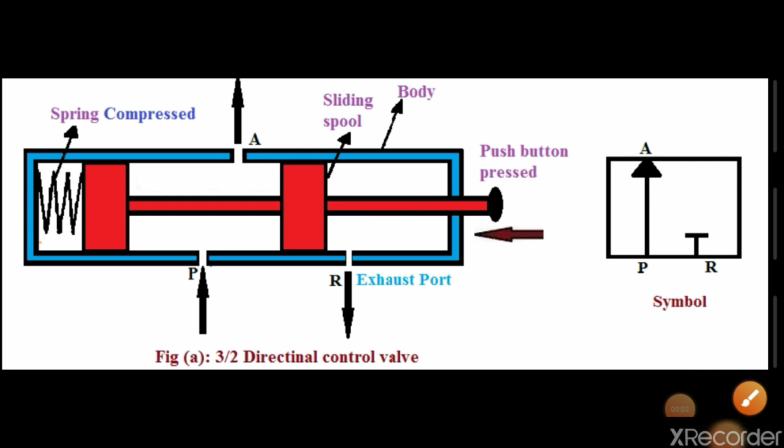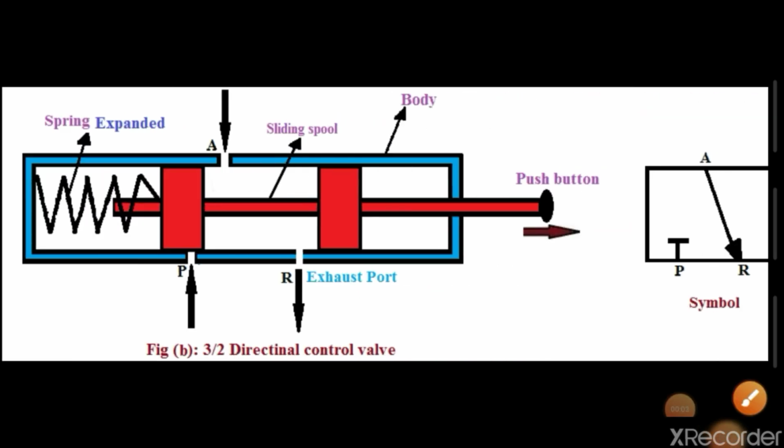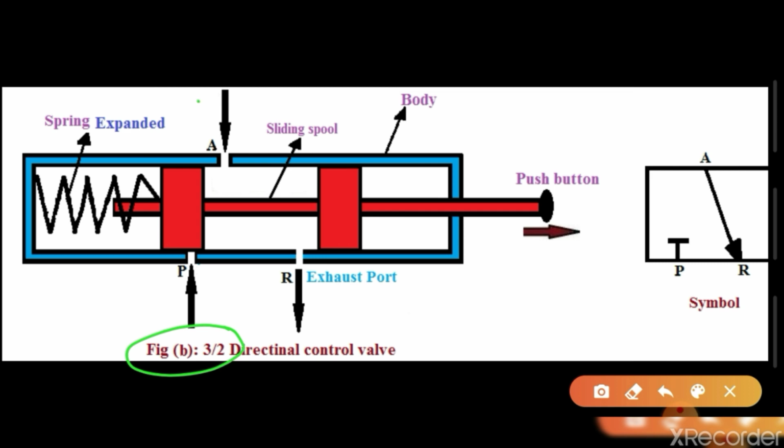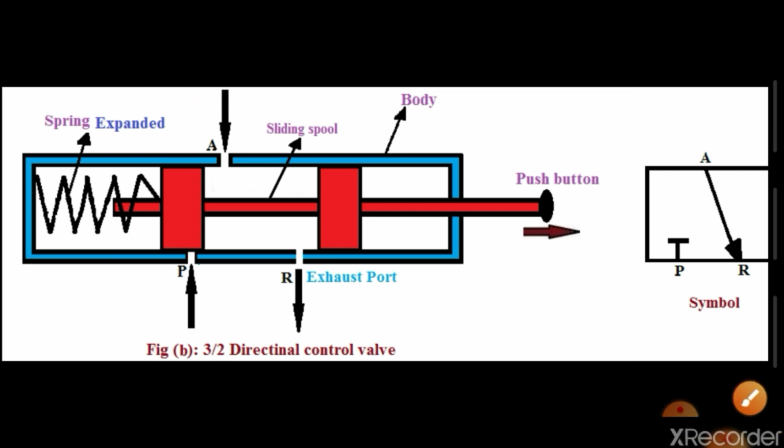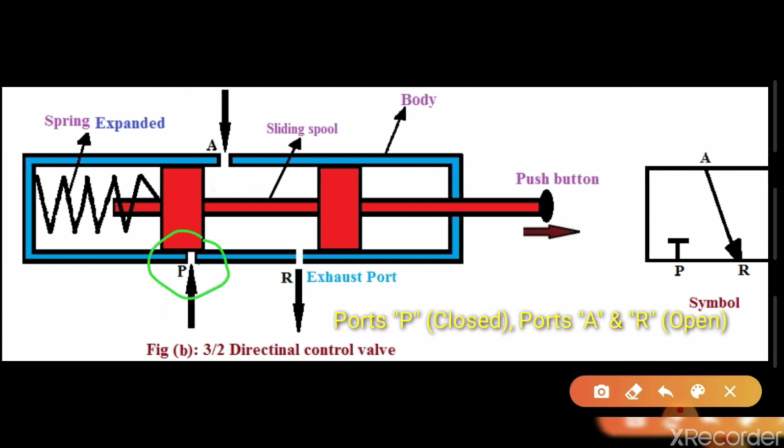Now let us discuss case 2, that is from figure B, when the spring is in expanded position. In this case port P is blocked, as you can see from this figure. Port R is open, port A is also open.